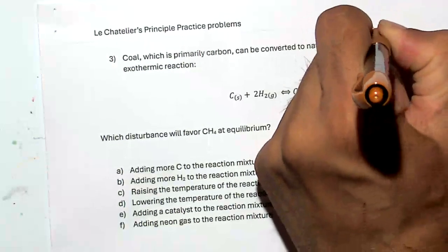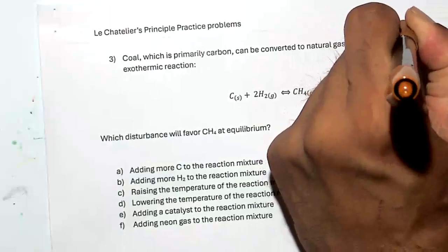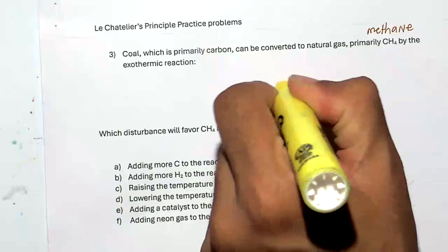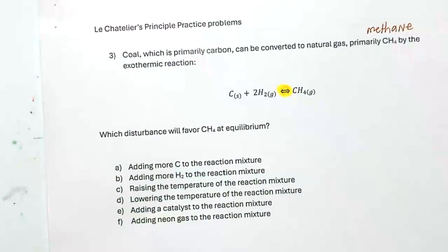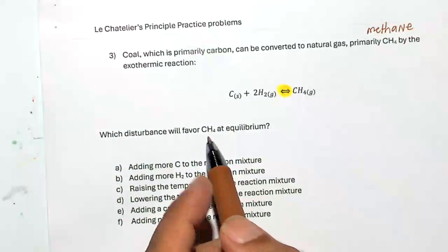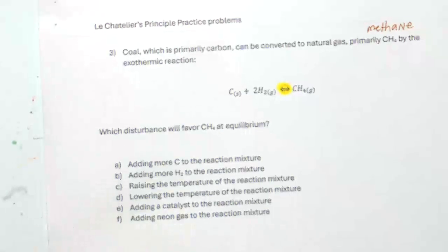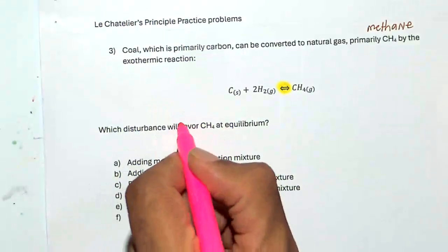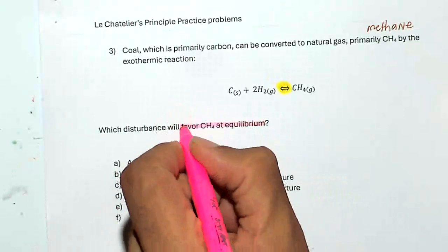By the way, we should know this from chapter 11 as methane, the alkane. But anyways, let's go to this Le Chatelier's problem here. Which disturbance will favor, the key word here is favor, methane, which is CH4, at equilibrium.